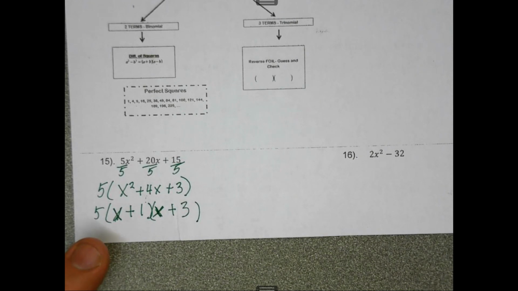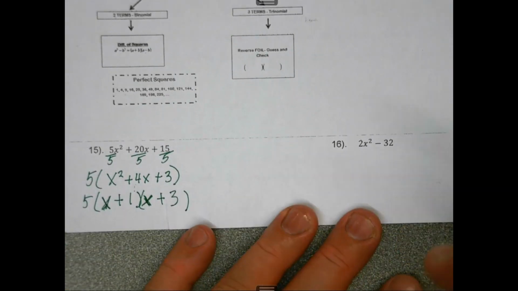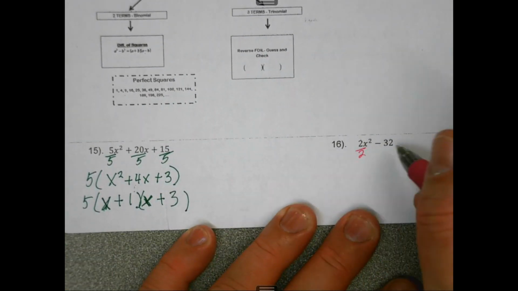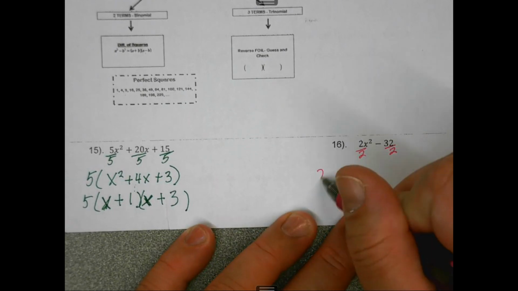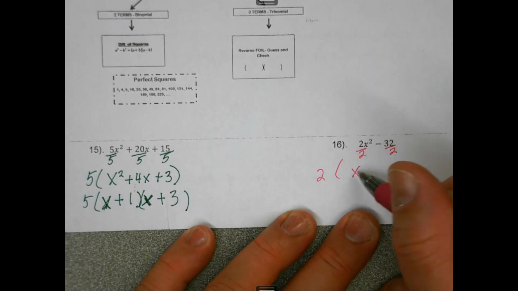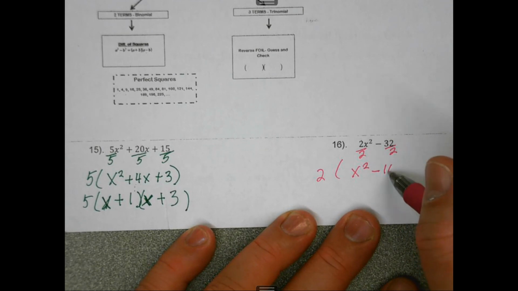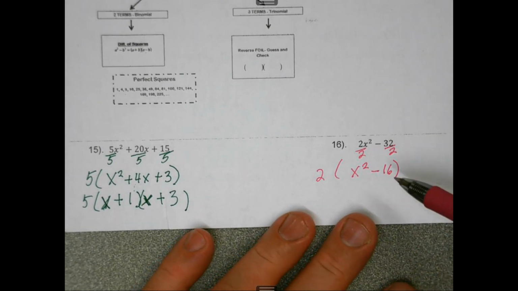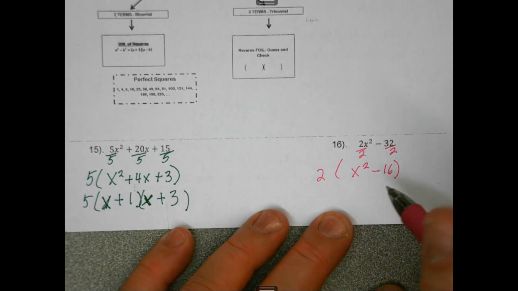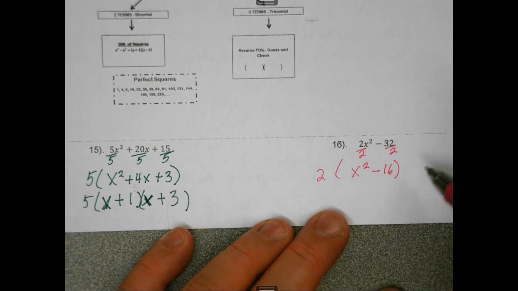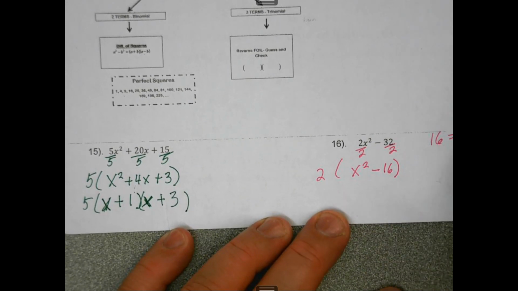And then 2x squared minus 32, I can actually take out a 2 from each one of these. 2 times x squared minus 16. Be careful, we're not done here. This 16 is 4 squared, so this is a difference of squares. 16 equals 4 squared.